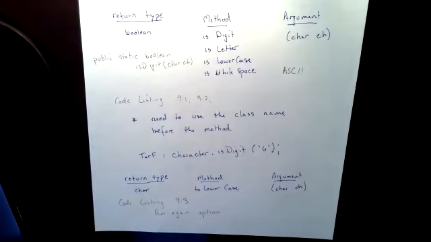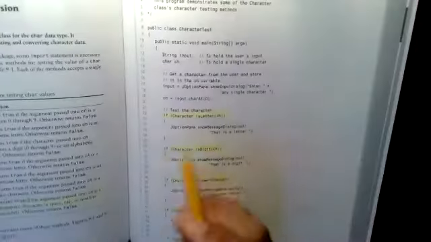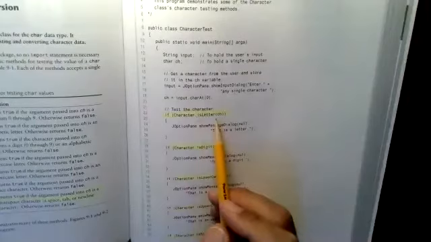So code listings. I had you type in two of them, code listing 9.1 and 9.2. And just some things to mention out of code listing 9.1. We were taking that character and saying if Character dot, because I have to use the class name, like I did with the math class. Remember, I said Math dot whatever.